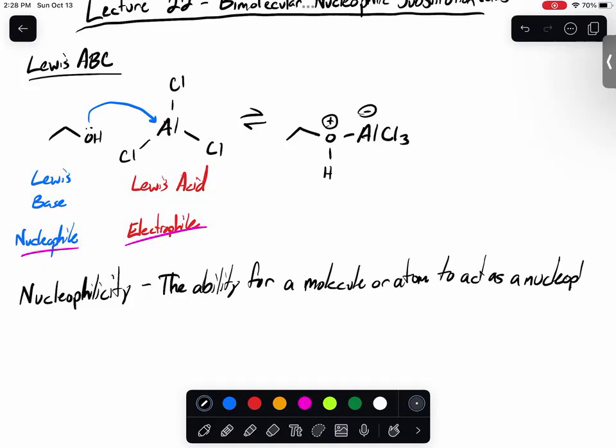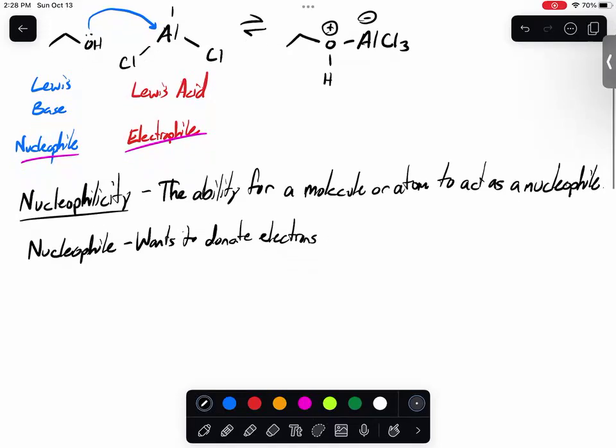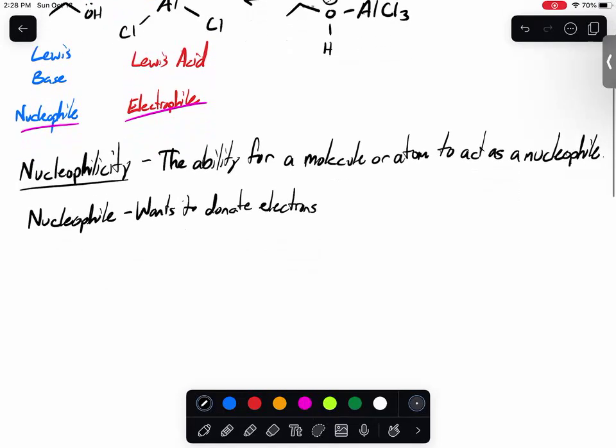So the more nucleophilic something is, the more it wants to donate electrons, because as a reminder, a nucleophile is just something that wants to donate its electrons, an electron donor.